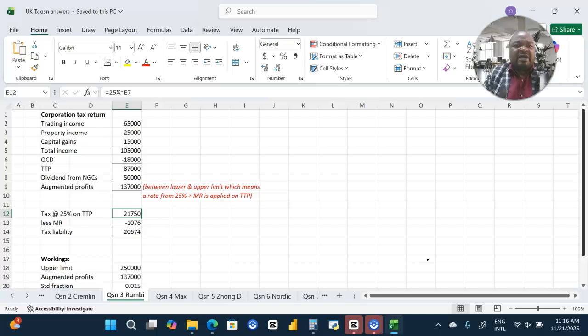So we had, let me just try to show both these pages together.